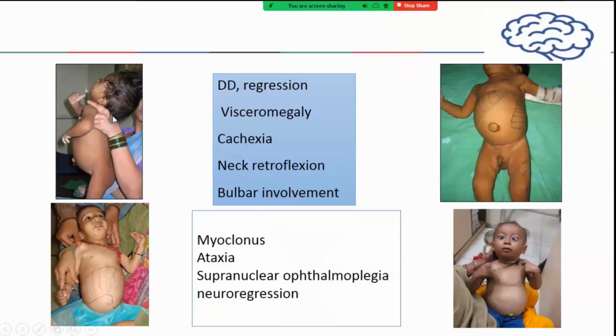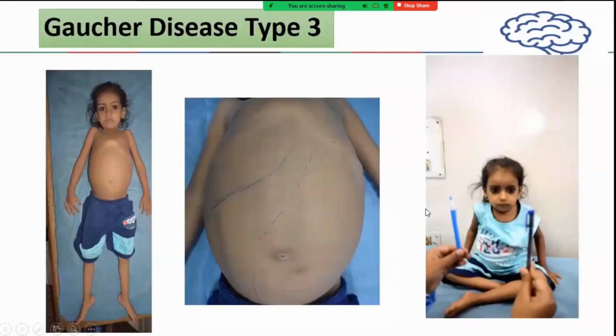So like you see this child, this is a child with type 2 Gaucher disease. You can see a very young child with this retroflexion of the neck, stridor, feeding difficulty and organomegaly. This is another type 3, which is not as severe, but early manifestations, huge splenomegaly. And here you see the same child which I had shown you there, just showing the eyes. So for neuronopathic Gaucher, this is one of the children who is on therapy now.